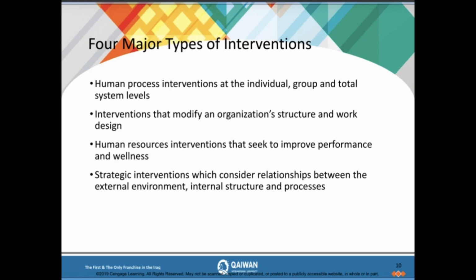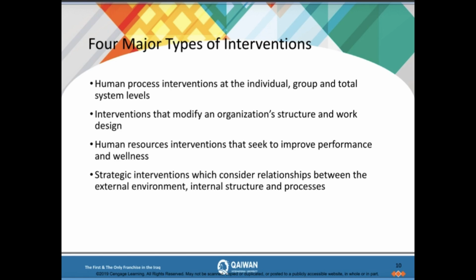For example, including training programs and performance management systems that help employees stay healthy and motivated. And the last type is strategic interventions, and these are broader and focus on aligning the organization with the external environment.